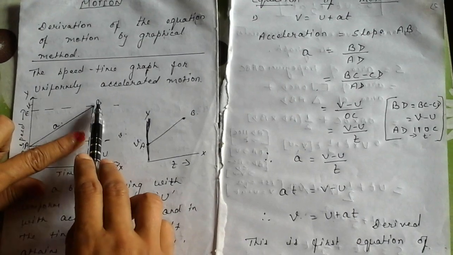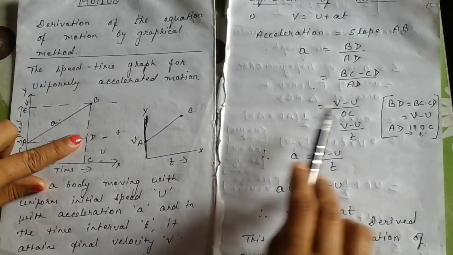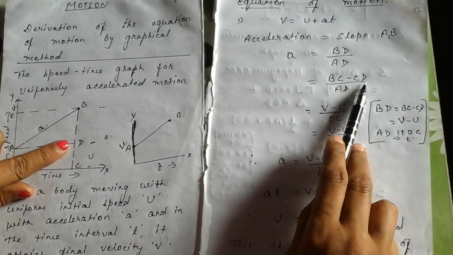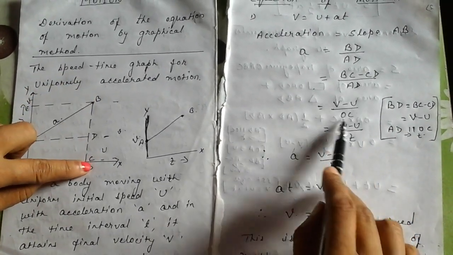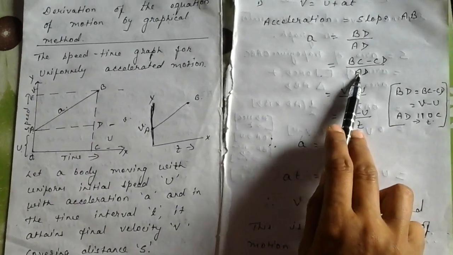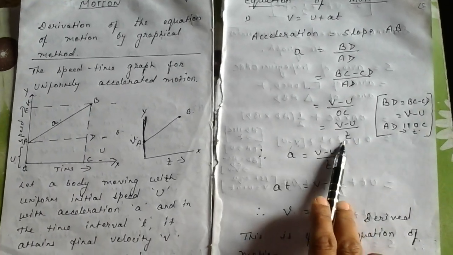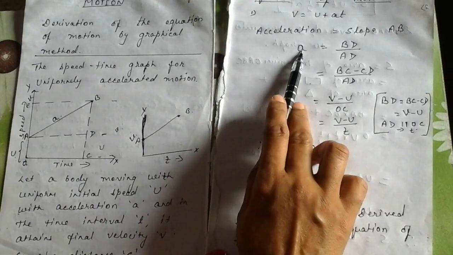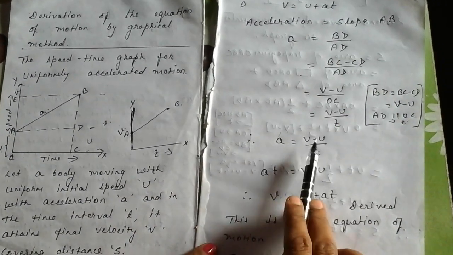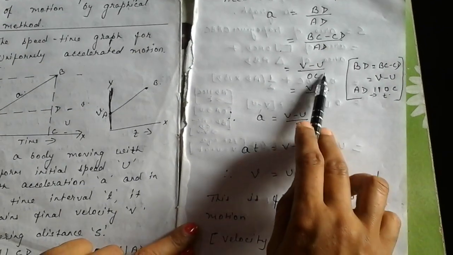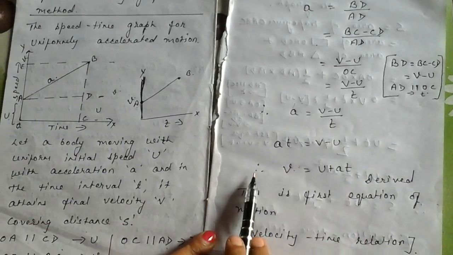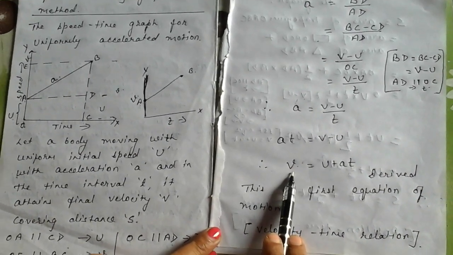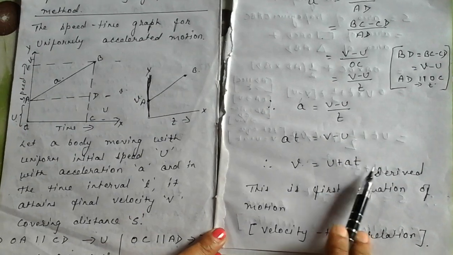BD is BC minus CD, where BC is v and CD is u, and AD is parallel to OC, so that is time t. So the acceleration, the slope AB, is (v − u)/t. Cross multiplying, at = v − u. Finally we have got the first equation of motion, v = u + at.